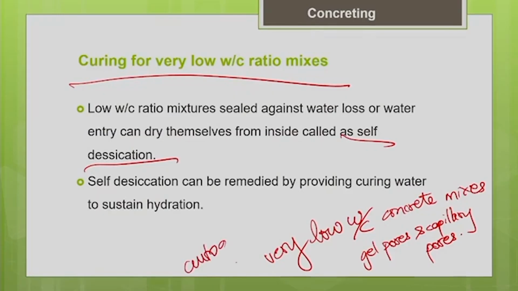So, when this water is pulled from all these small pores, it results in a significant amount of autogenous shrinkage of concrete. That is called autogenous shrinkage. This particularly happens in high strength concrete mixes with very low water to cement ratio.